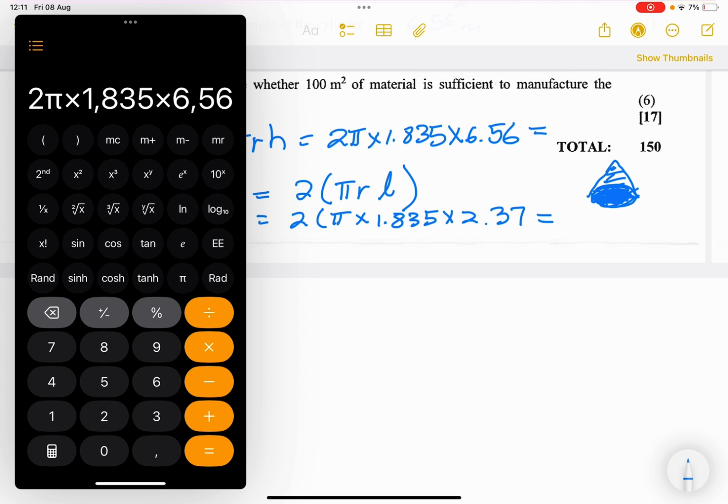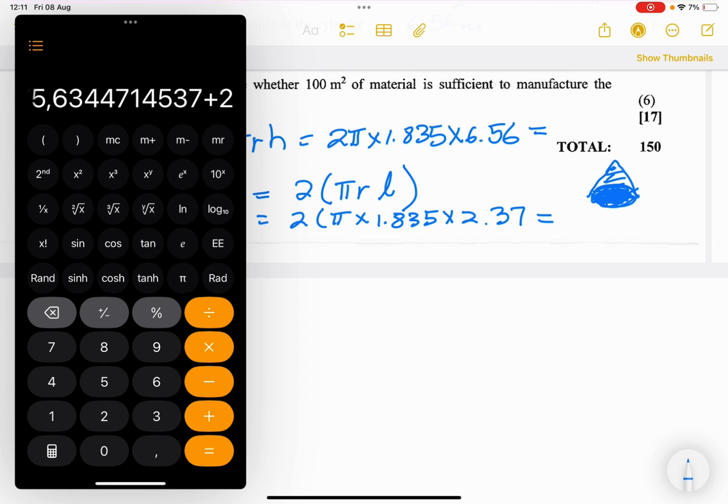Right, so this is for the cylinder, and we said we must add this. Okay, that's equal to, and we are now going to add this to the cone part of it.